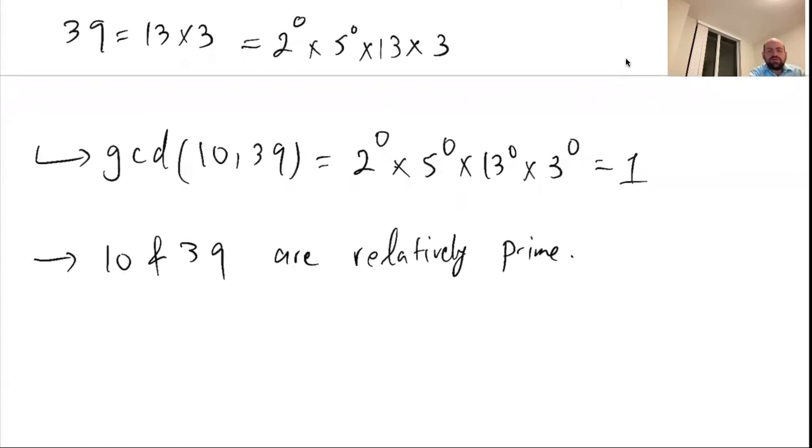Okay. Now, another example. Let A equal P be a prime number.